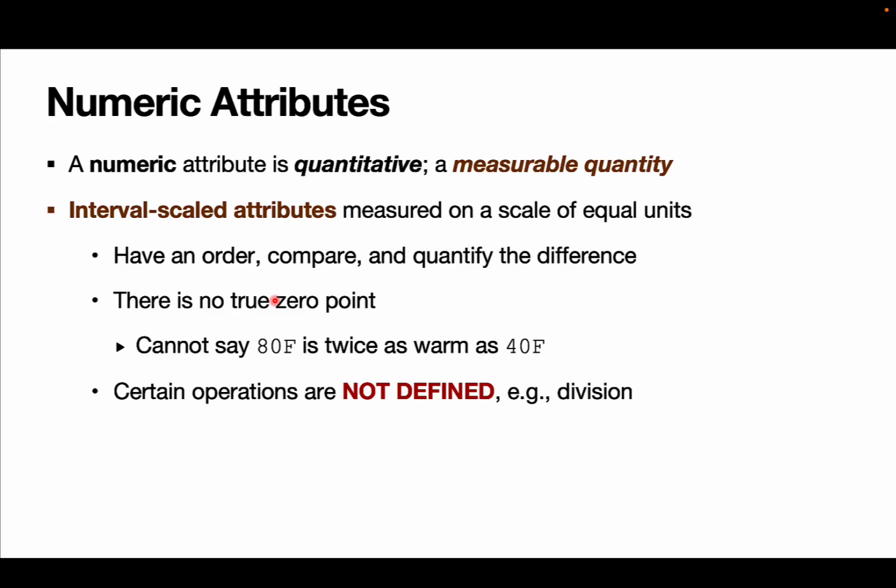This happens as a consequence of not having a true 0 point. So we can't say 80 Fahrenheit is twice as warm as 40, right? But we can describe individual intervals on the scale. Something like 40 to 50 is cool, 50 to 60 is mild, and anything above 90 is hot.